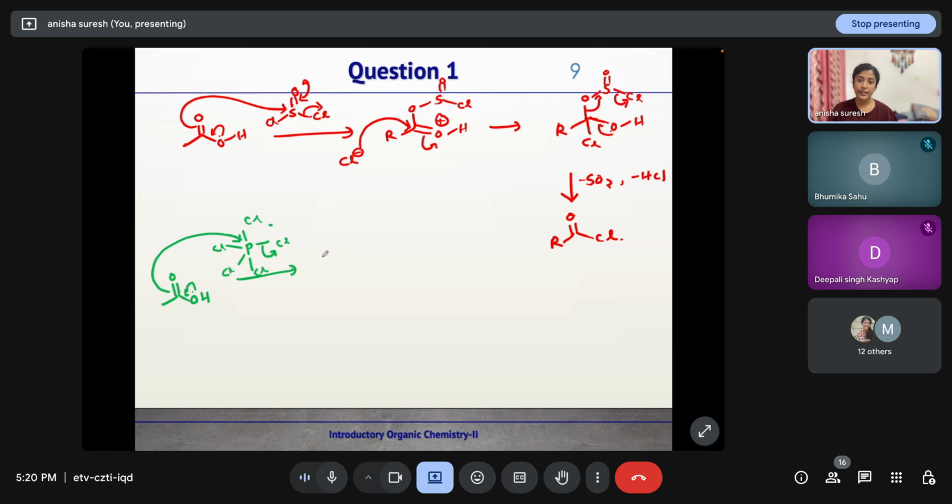One of the chlorines will leave, leading to formation of PCl4 double bond O H plus, then Cl minus will come and attack on the carbonyl carbon, leading to formation of the tetrahedral intermediate.